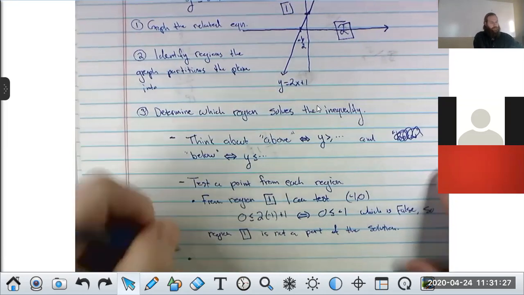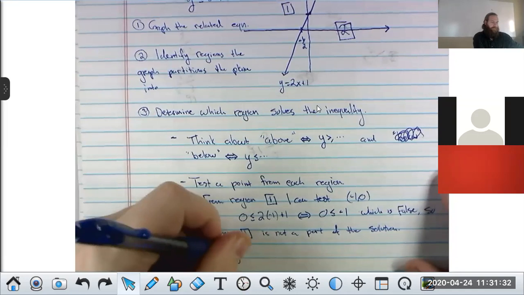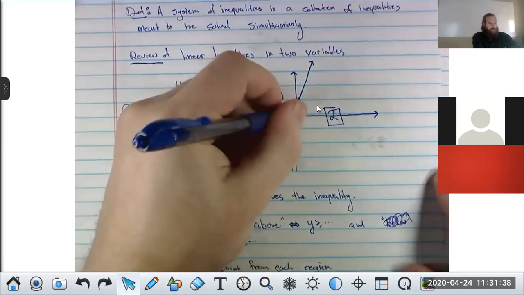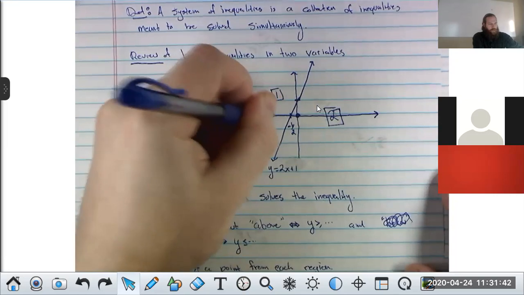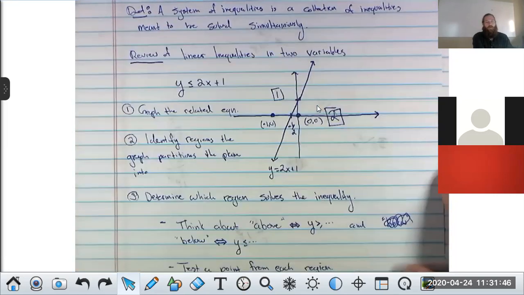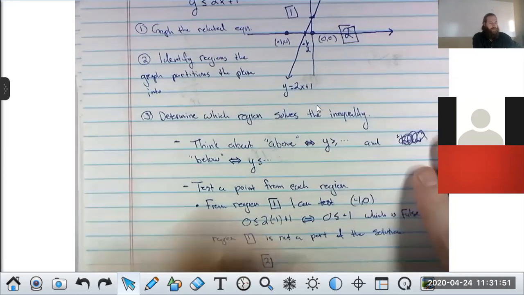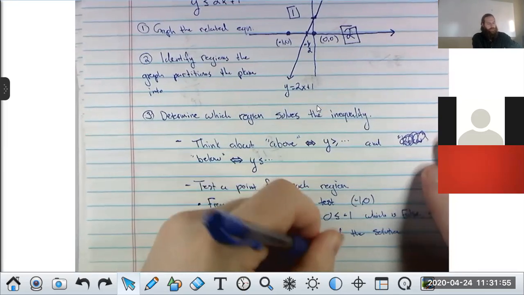From region 2, region 2 contains the origin, right? So here's the test point I used in region 1, -1, 0. Here's the test point I'll use in region 2, 0, 0. So in region 2, I'll test 0, 0.